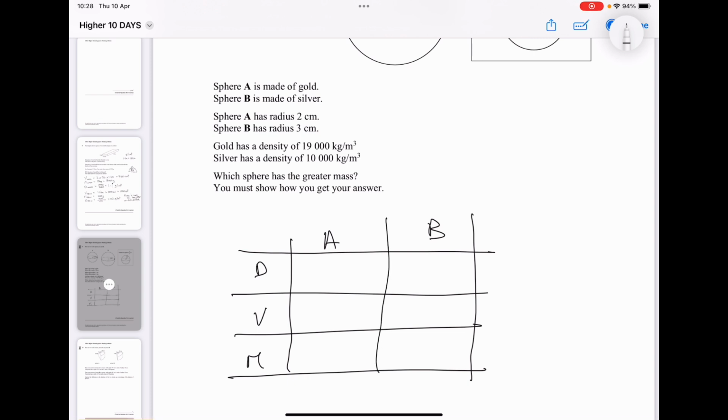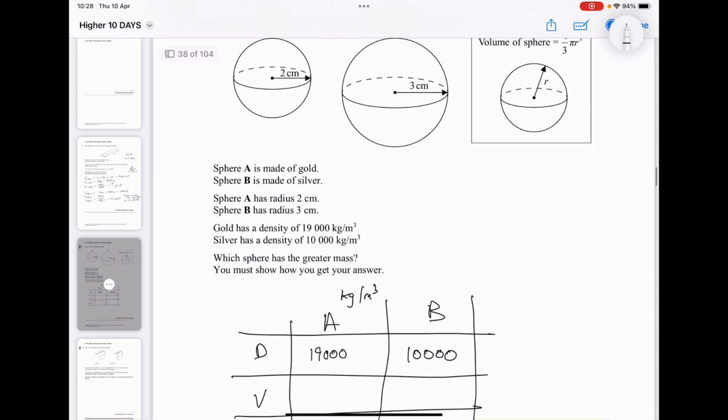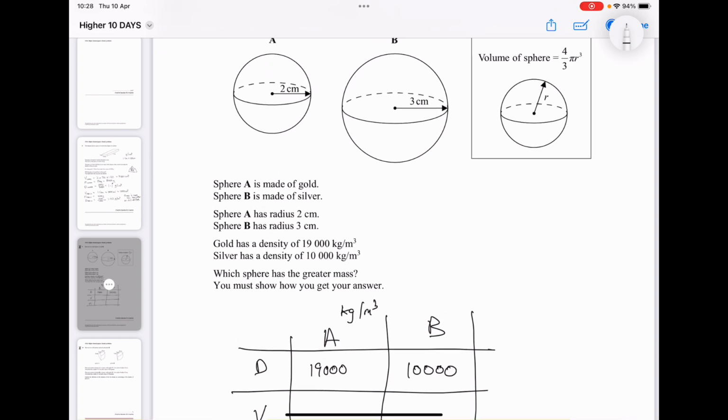Gold has got, so this time let's just always check our units. So gold is 19,000, and this is, just remember, kilograms per metre cubed, and the silver has a density of 10,000. Okay, so this is going to be about the volume. So volume of A is just 4/3 pi, radius is 2 cubed.